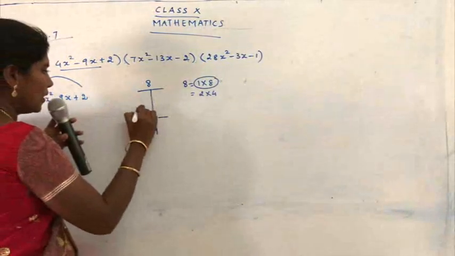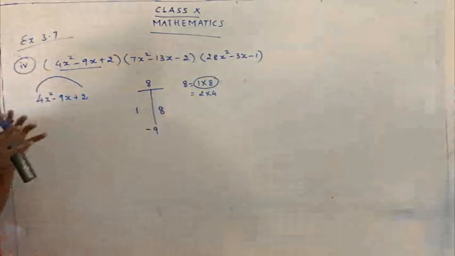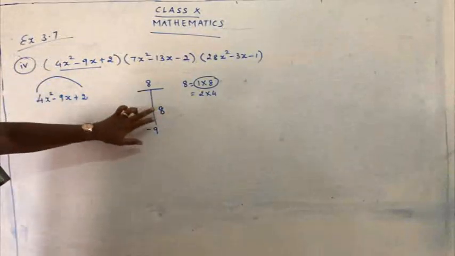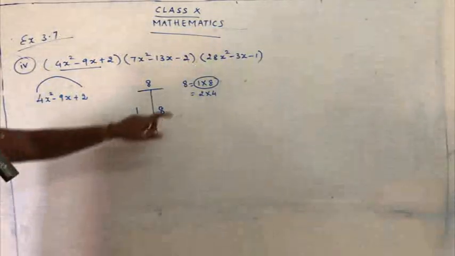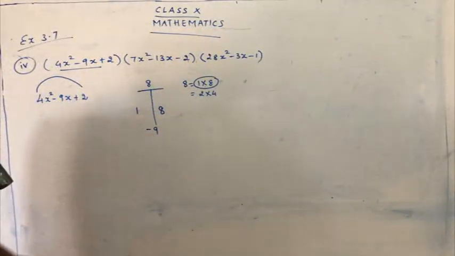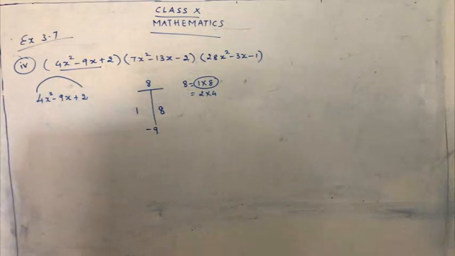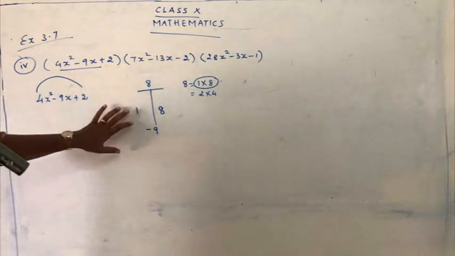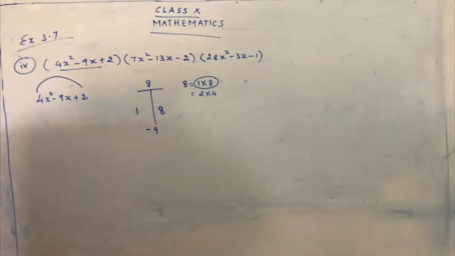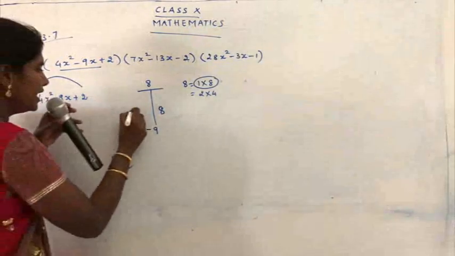See, 1 8s are 8. Okay, done. First part is done. 1 plus 8, 9. Okay, so I get the sum as 9. But here one more thing is we have to get the sum as minus sign. But here the sum is plus 9. That is when I take 1 and 8, I get the sum as plus 9. So what you are going to do is you're just going to change the sign.